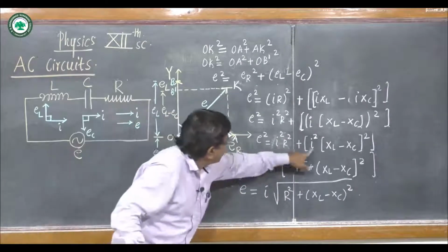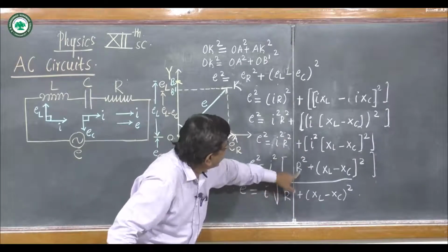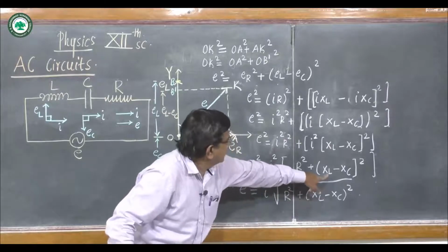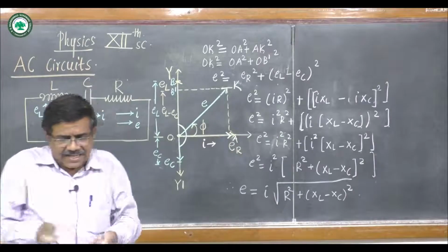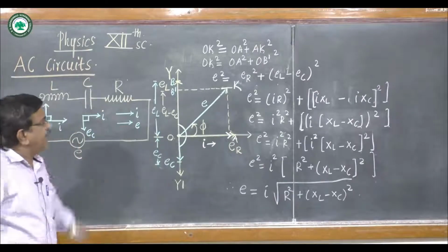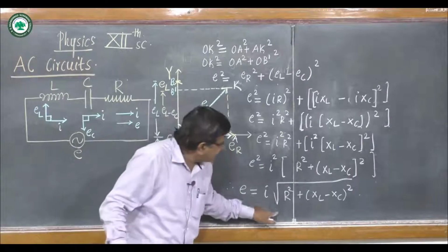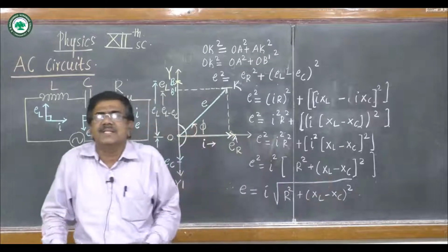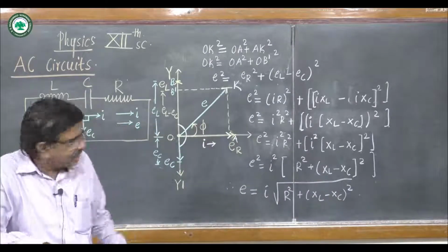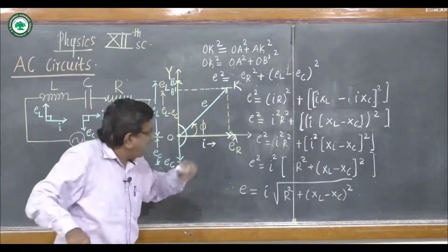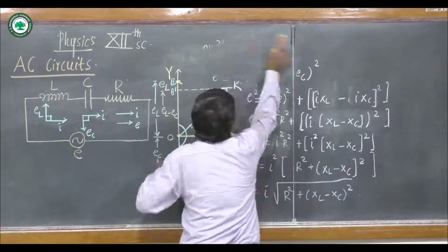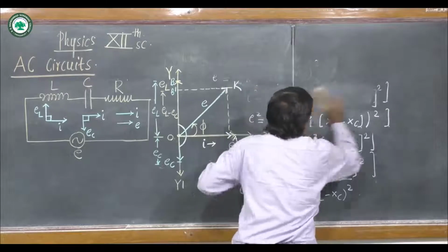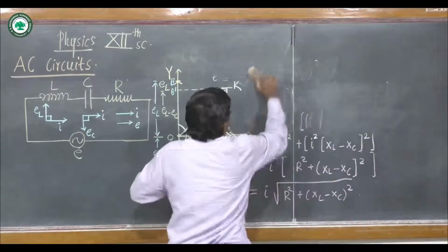Taking I square as common, in bracket R square plus XL minus XC square, and taking the square root on both sides, we get E as I square root of R square plus XL minus XC square. Or we write this as E is equal to IZ.